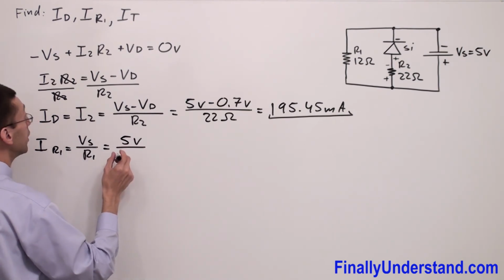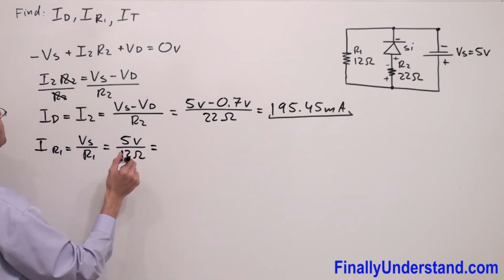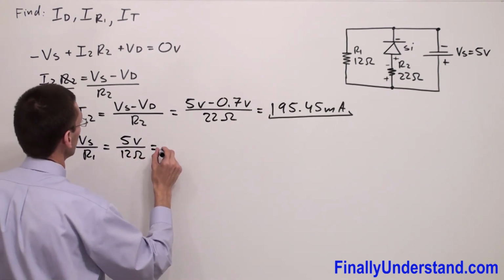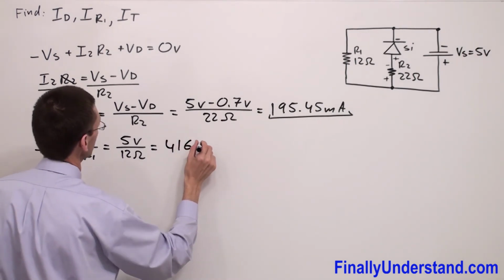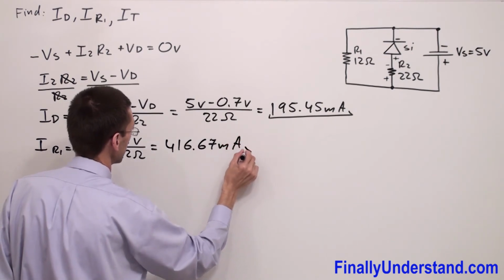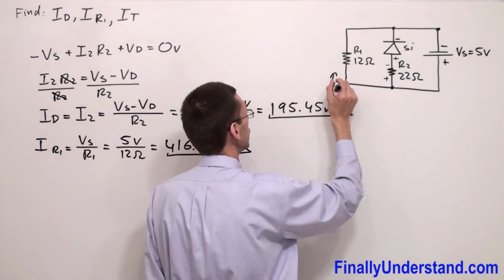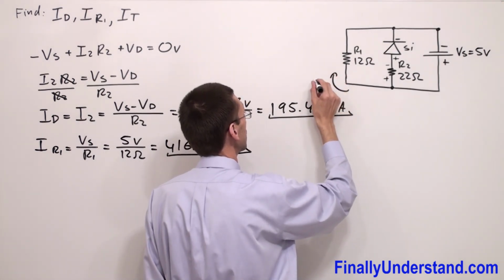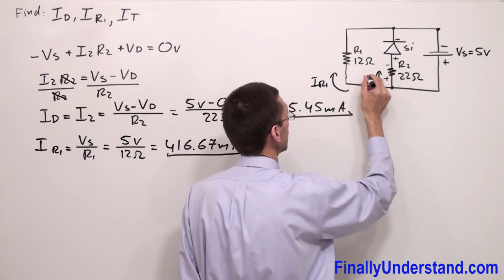R1 is equal to 12 ohms, everything is equal to 416.67 milliamps. Okay, so this is the current which will go through resistor R1. This is my I R1 and it was I R2.